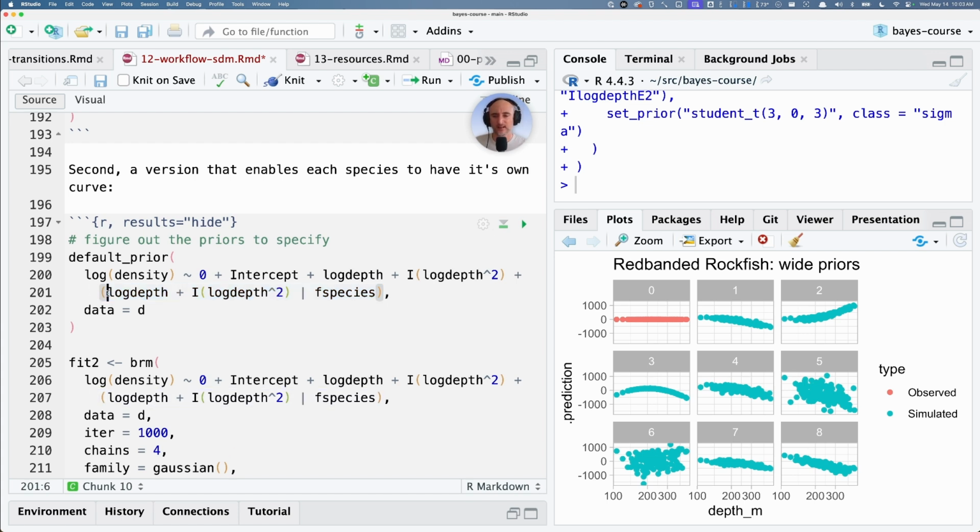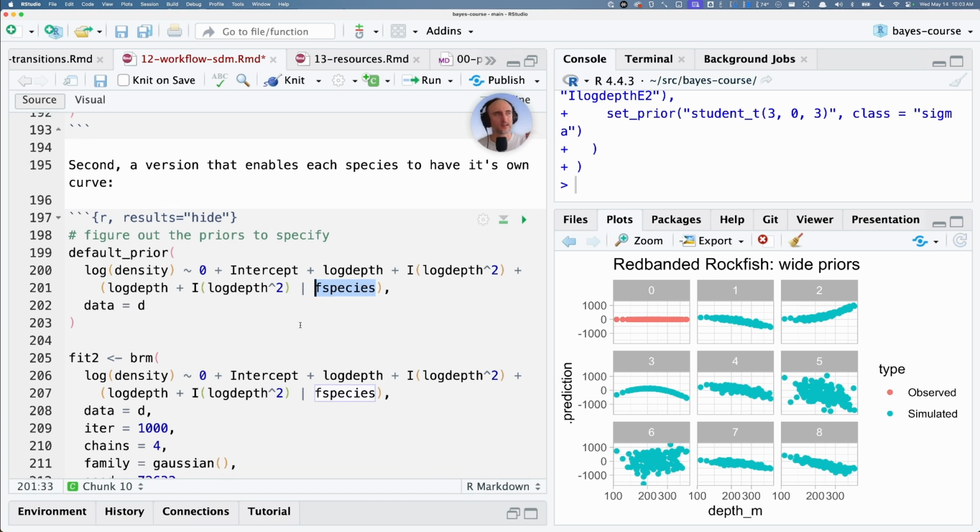So this is saying that an implicit intercept plus these 2 coefficients are going to vary, vertical bar here, according to my species factor column. And there's going to be some estimated standard deviation of the spread of each of those coefficients that varies with species. So these would be considered random slopes. And there's also a random intercept that's implicit there. You don't need to actually write it out, but you could write 1 plus to make that explicit.